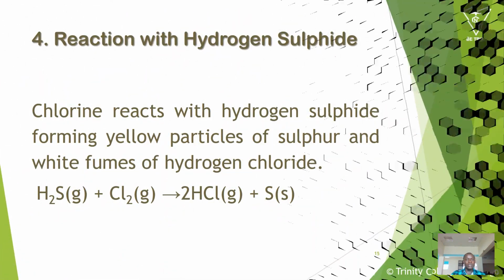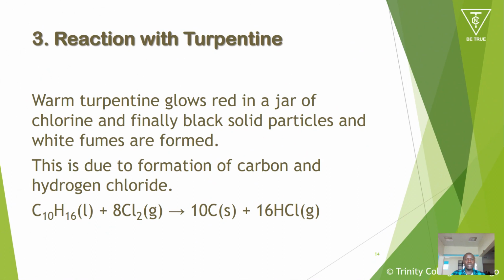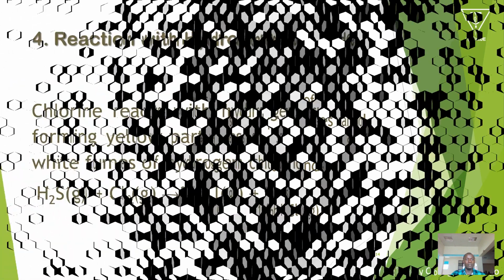In this reaction, chlorine removes all the hydrogen from the turpentine, and then you form black particles. This reaction shows a high affinity of chlorine for hydrogen and a high oxidizing power.